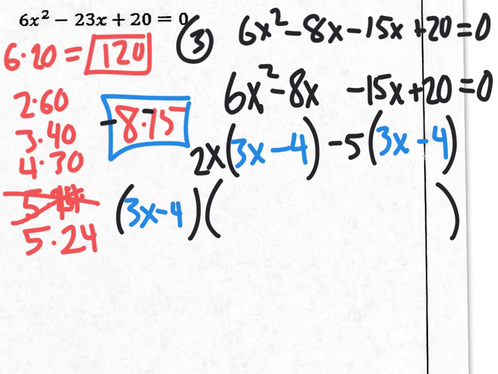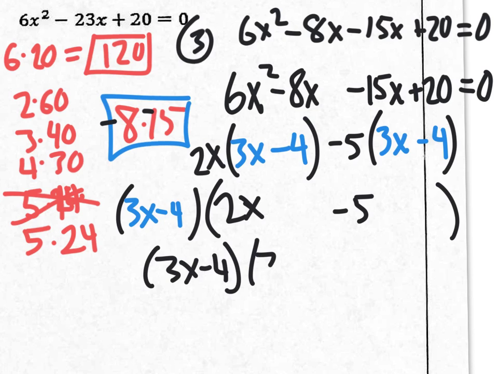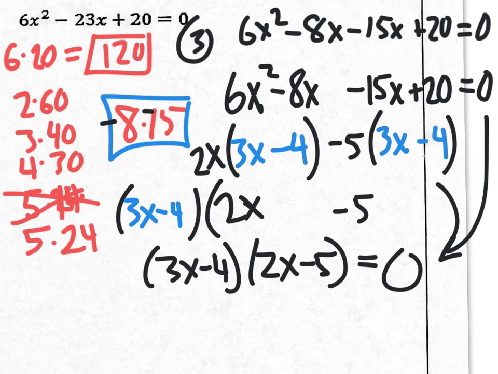And what will I have left over? A 2x minus 5. 3x minus 4 times 2x minus 5, and it is equal to 0. I forgot to bring that down. There it is, equal 0.